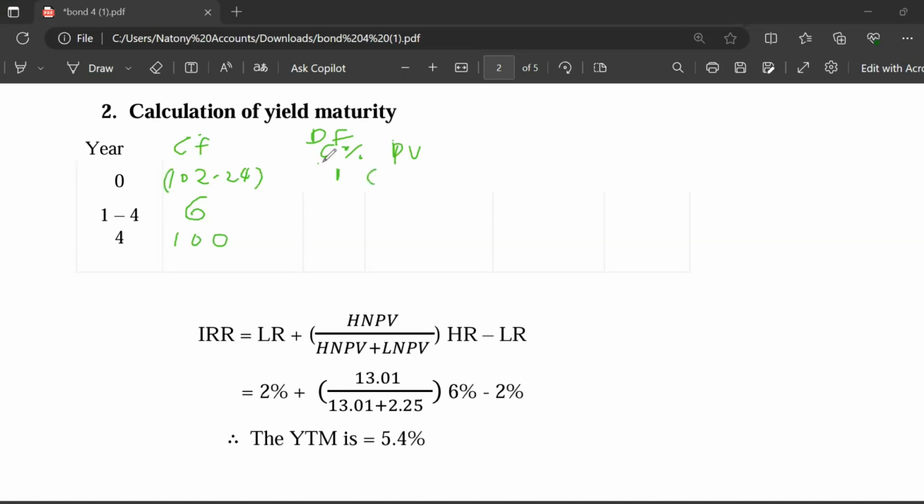The PV will remain at negative 102.24. Then the annuity, year one to year four at 6%.